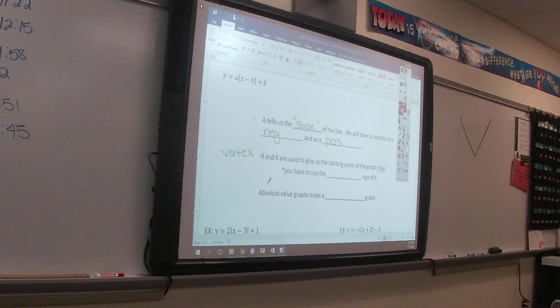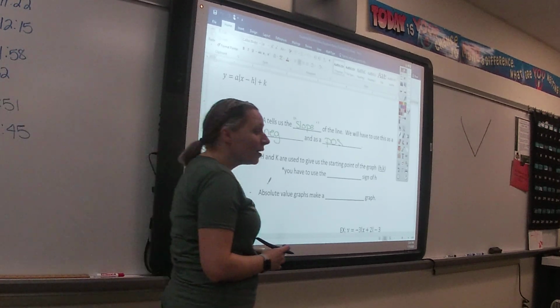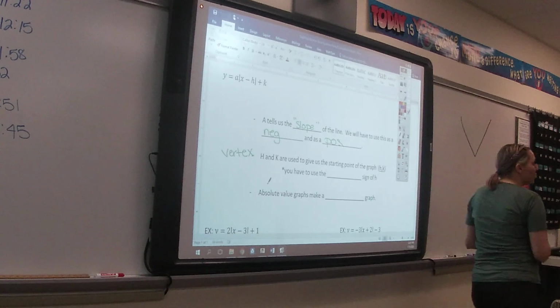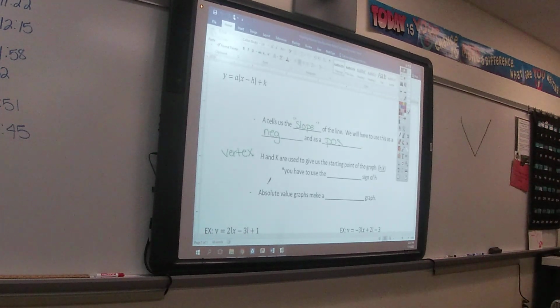And when something is a vertex, we give it the letters h, comma, k. It's a little bit more special than just any random point, right? In point slope form, we just found any random point on the graph. This is finding a very specific point that we call a vertex.